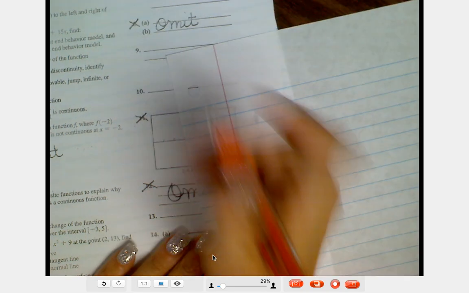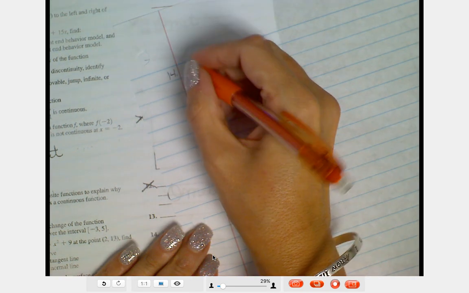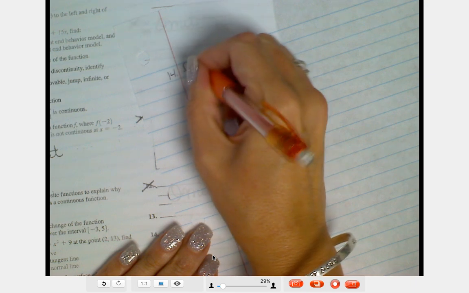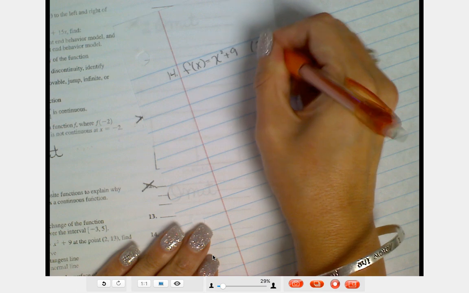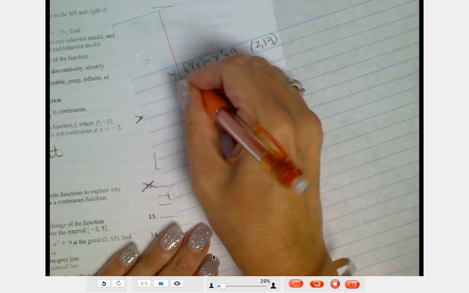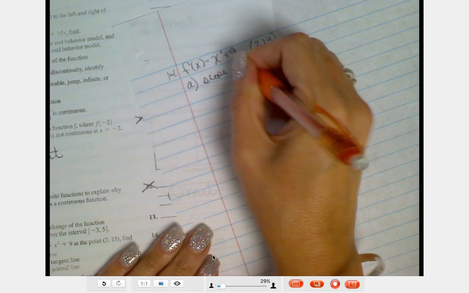And then the last one, number 14. That's what we did in class on Tuesday. You have this function, you have this point 2, 13, and you want to find a, the slope of the curve.